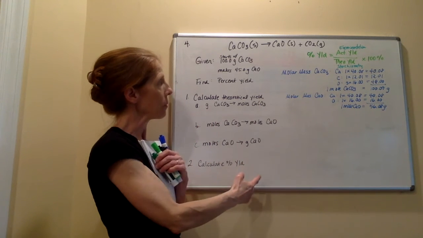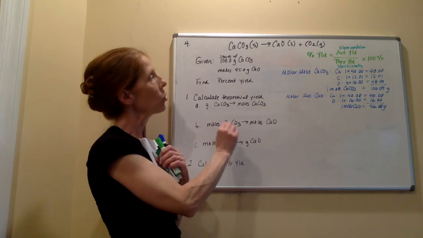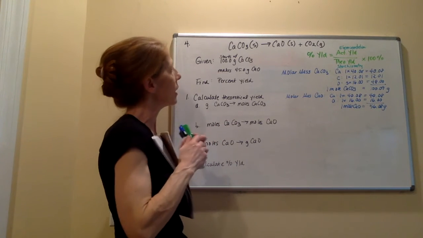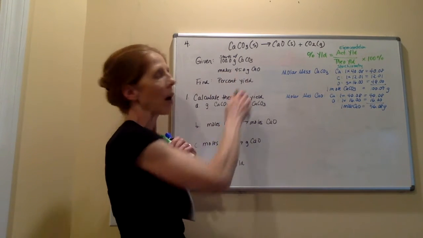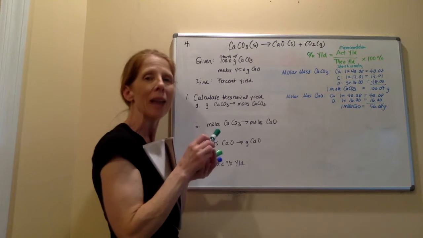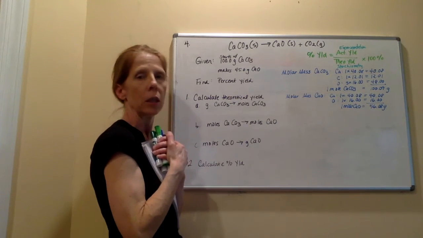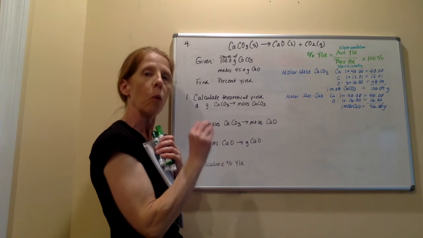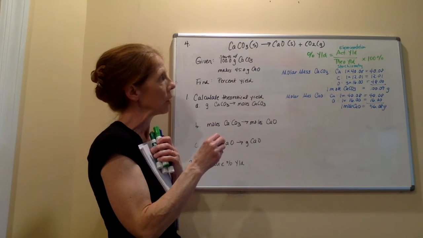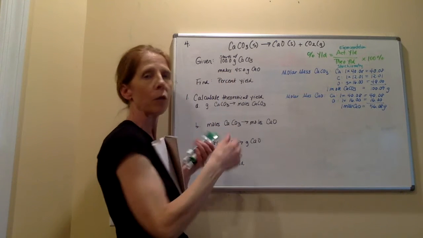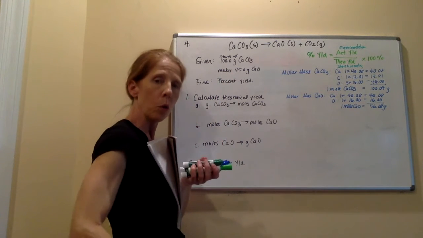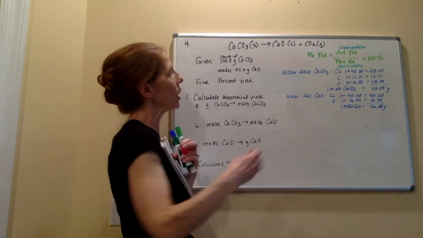So here are the steps. Actually, let's step back a minute. We've been given that he makes 45 grams of calcium oxide. In terms of percent yield and my equation, think for a minute. I told you that one of those is determined through experimentation, right? This 45 grams is, of course, my actual yield.